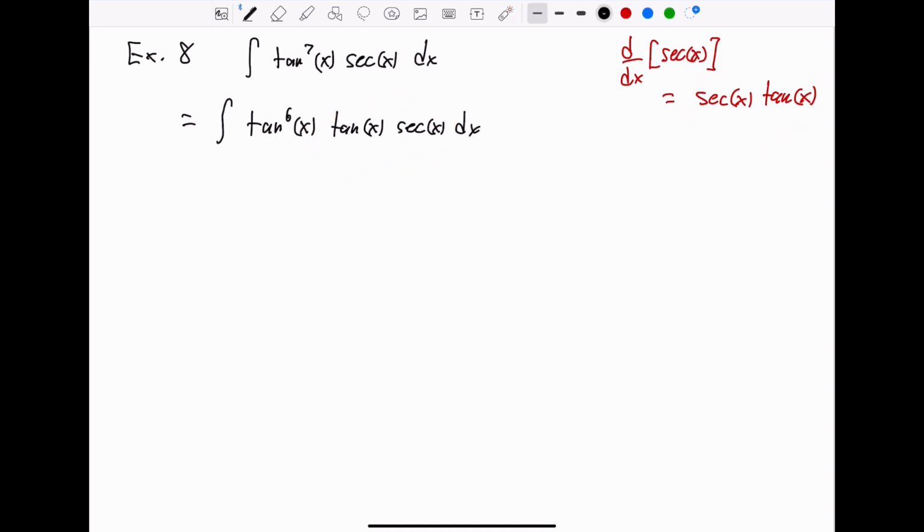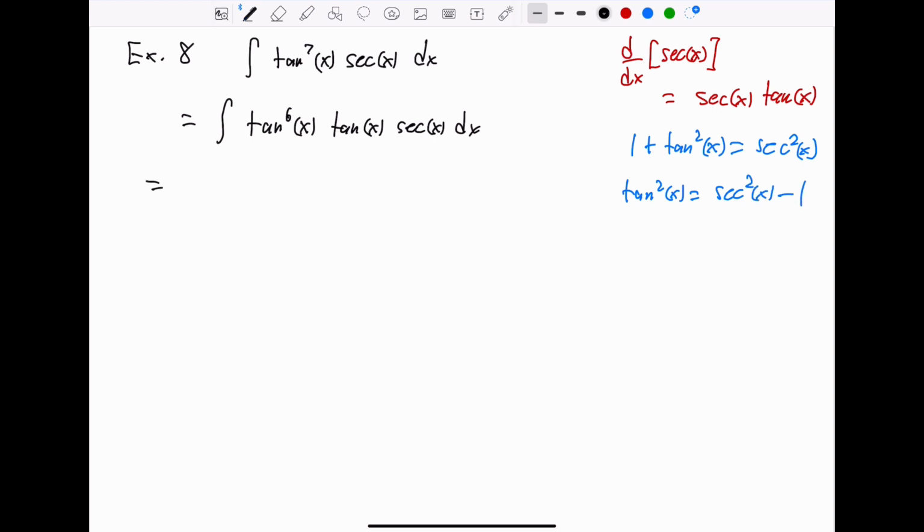Now we have a Pythagorean identity that relates tangent squared and secant squared. The identity is 1 plus tangent squared of x equals secant squared of x. I can solve this for tangent. Tangent squared equals secant squared minus 1.